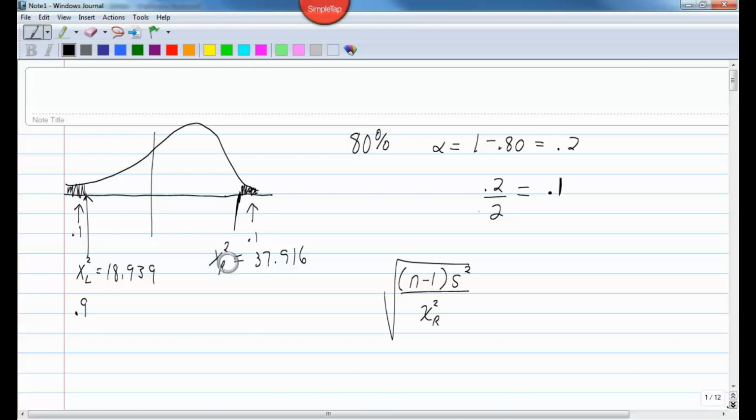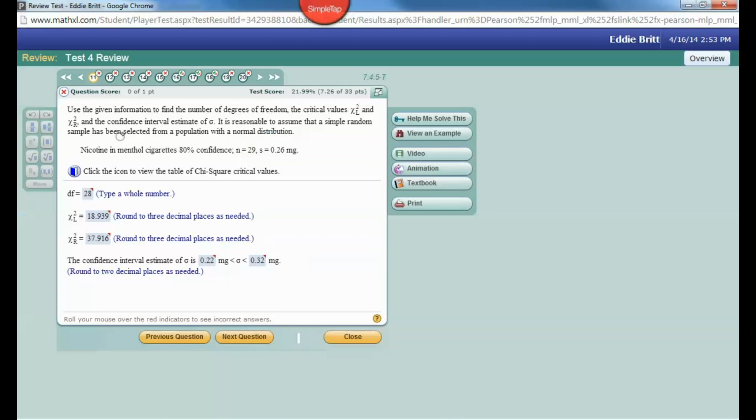So we have to use the right critical value. And so this is going to equal, when we plug all that stuff in, n minus 1, n was 29 on this problem, so that's 28 times, the problem had to have given us s equals 0.26.